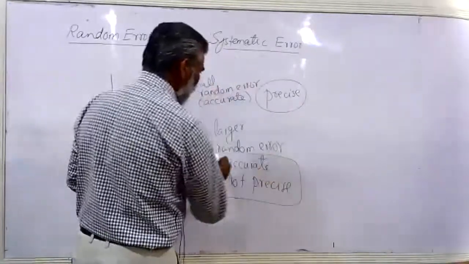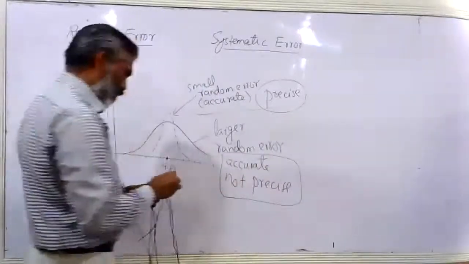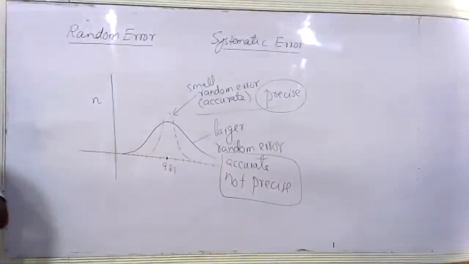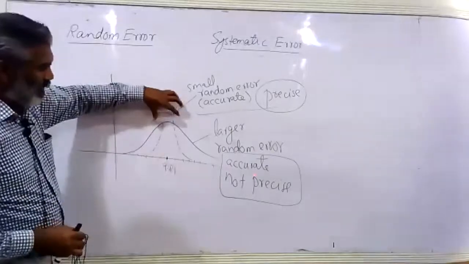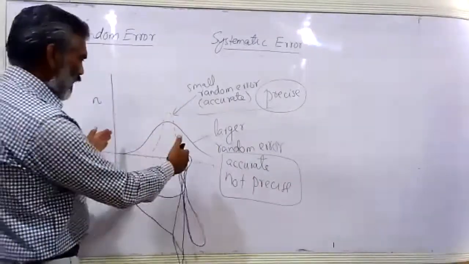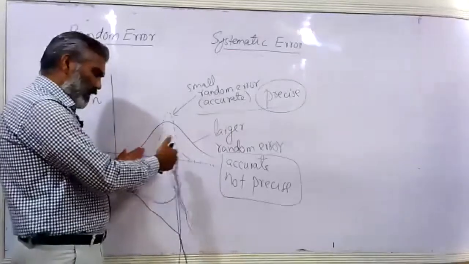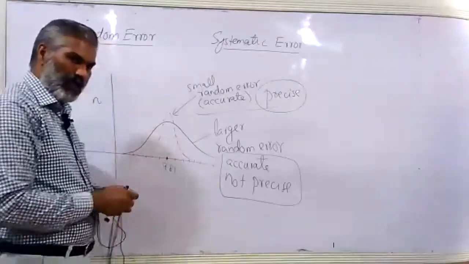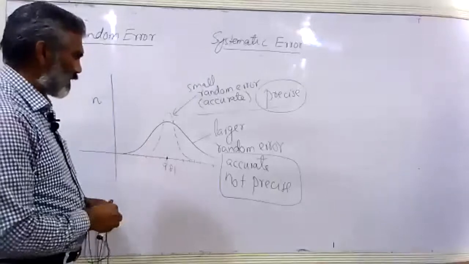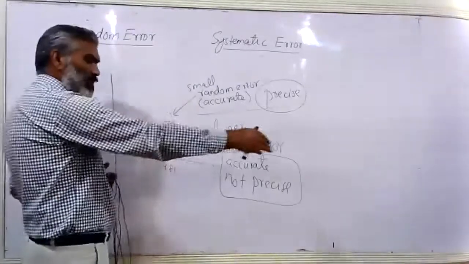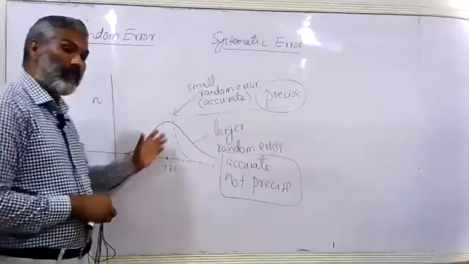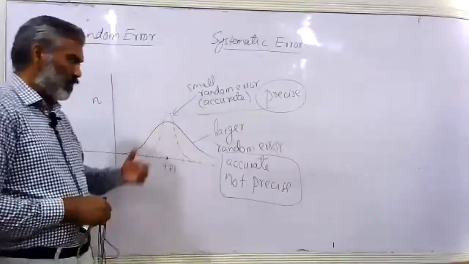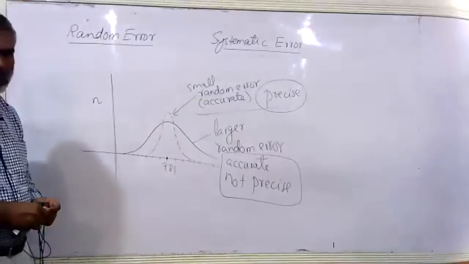So these are important terms that we need to know. Accurate means close to the accurate value. If the peak is higher and you have a very small range in which these values are recurring, then it is precise. But if it has a larger spread, then it is not precise because the values are away from the accurate reading. So this is what accuracy and precision is about.